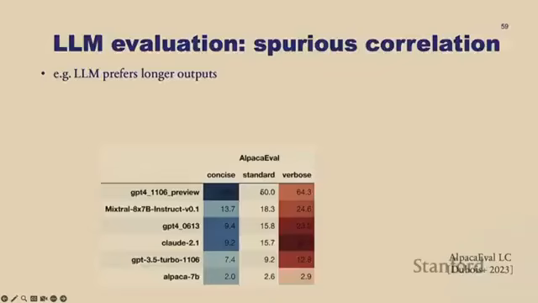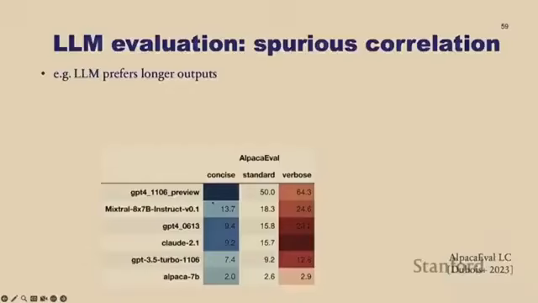But if we ask GPT-4 to be slightly more verbose, so we just say in the prompt, be verbose in your answers, then it gets a win rate of 64.4%. So really, there's a huge variance. And if we ask it to be concise, it gets 20%. So there's a huge variance depending on whether you ask it to be concise or verbose.